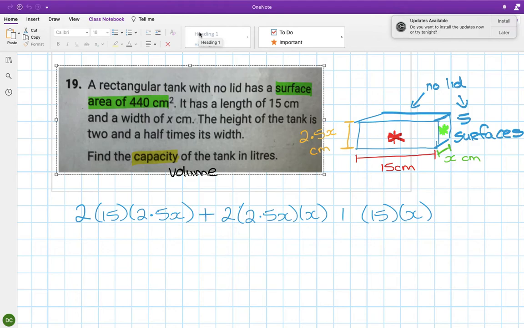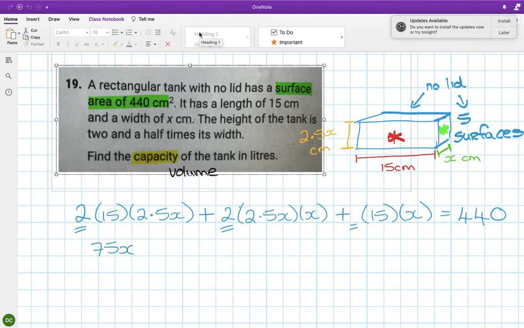And if I add those surfaces up, so I have 5, there's 2 there, 2 there, and then this one is just 1. So that's 5 surfaces. That's supposed to equal 440. Yeah? Okay, so 2 by 15 by 2.5 is 75x.